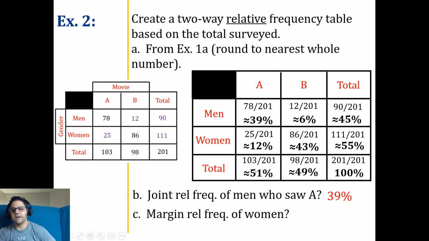The margins are on the outer edge. Women, 55%. Again, margins on the outer edge. The joint or the body is the inner portion.